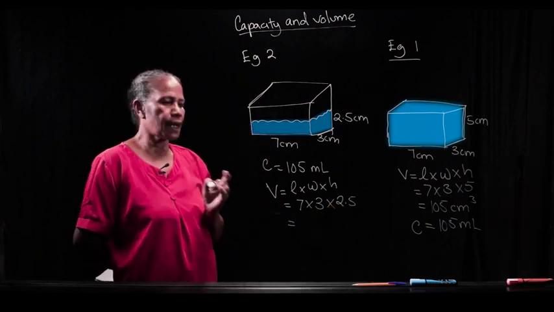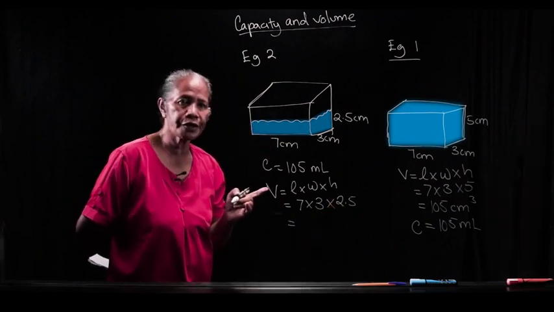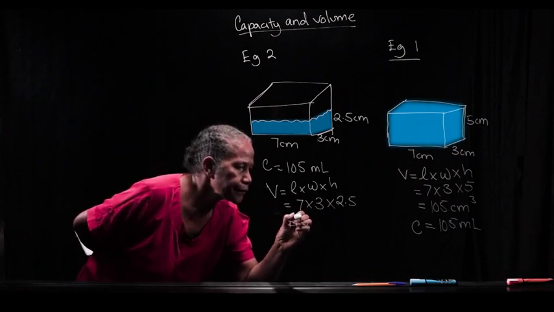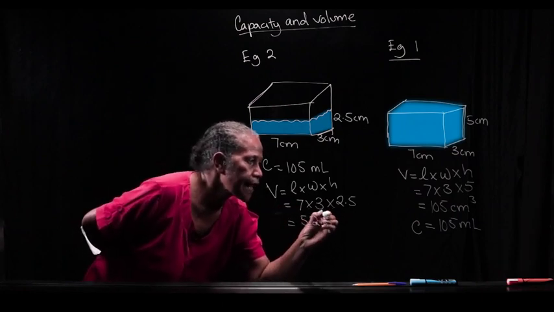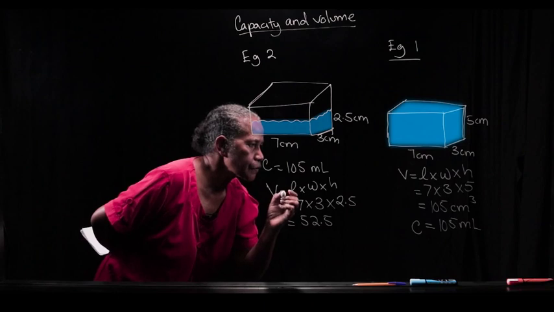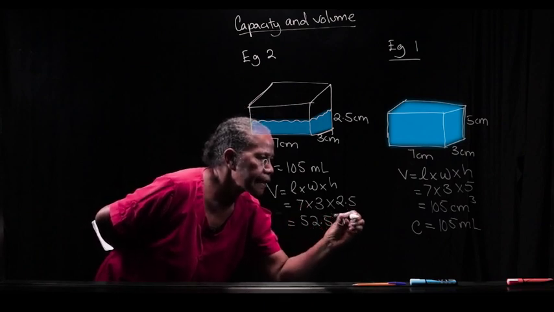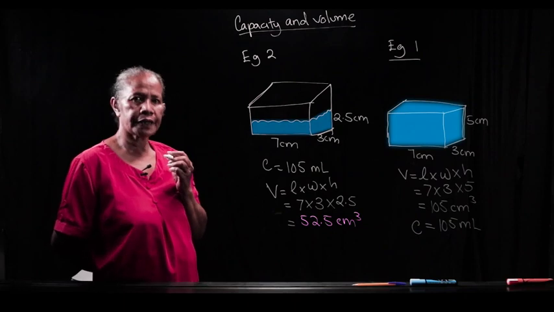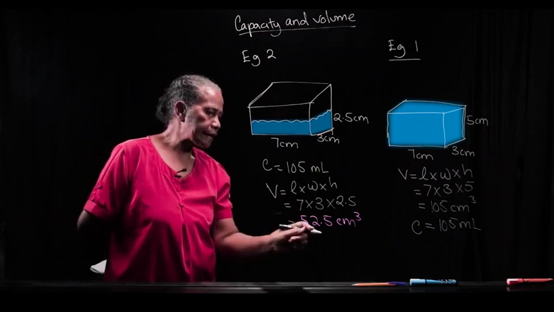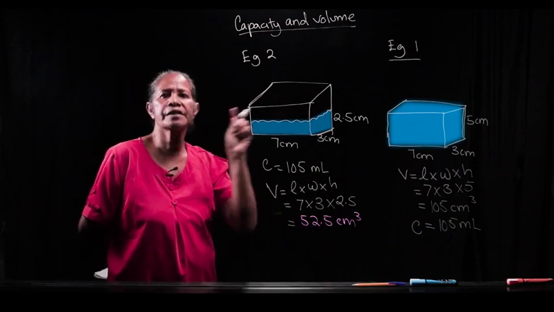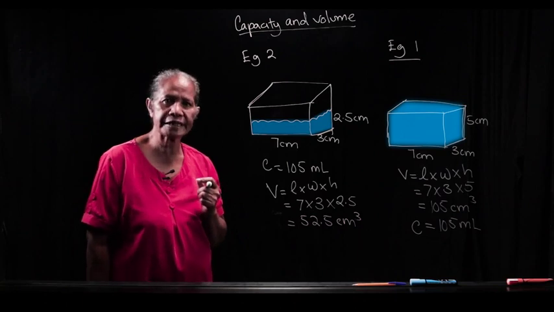So our volume now is going to be 52.5 centimeter cube. This is how much gasoline is left in the tank.